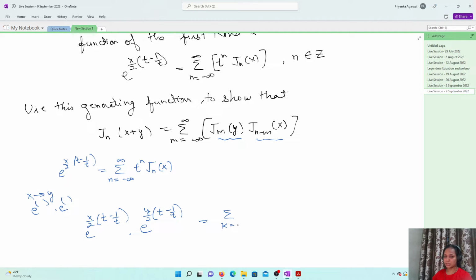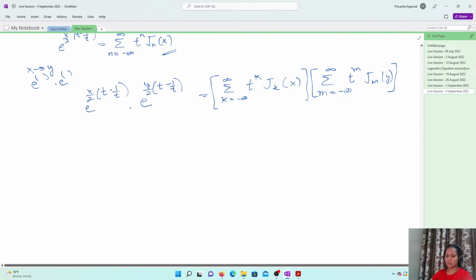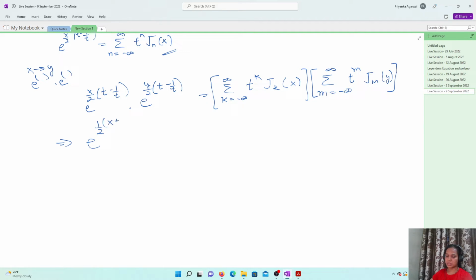Now this you can write from the definition itself. Firstly, for this x case, summation t to the power k J k of x, and for the other case, you can write it as summation n equals minus infinity to infinity t to the power n J m of y. Now, if you look clearly, it is e to the power 1 by 2 (x plus y) into t minus 1 by t.